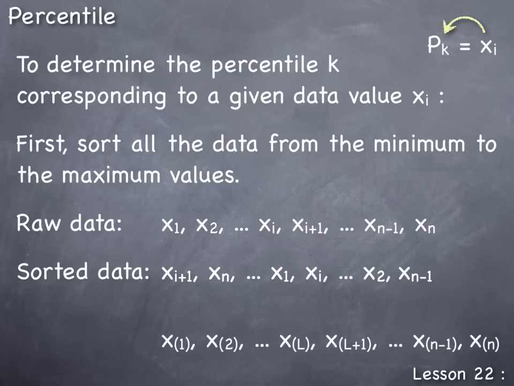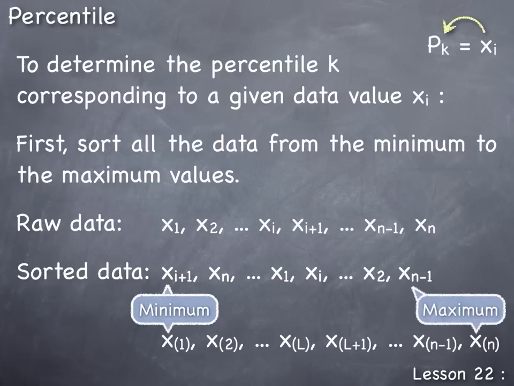So x sub 1 in parentheses, x sub 2 in parentheses, all the way through x sub n in parentheses, indicates our sample data in sorted order, where x sub 1 in parentheses always indicates the minimum data value in the sample, through x sub n in parentheses, indicating the maximum data value in the sample. Then any particular data value x sub i can take on any position in the sorted list of data, let's say x sub l plus 1.